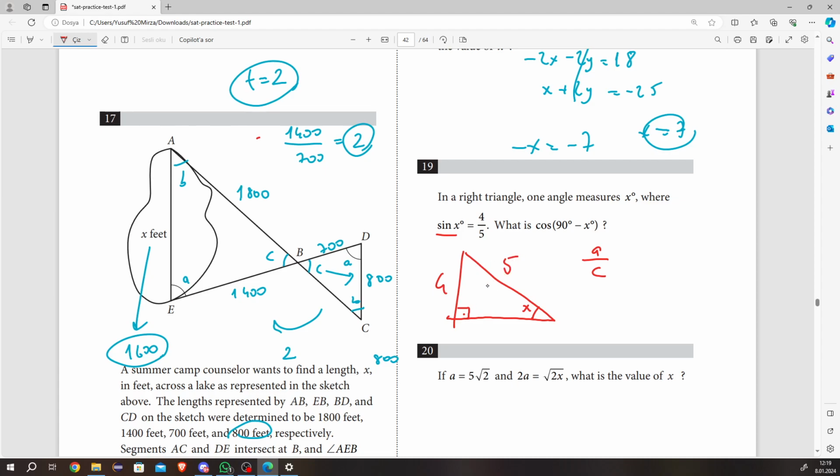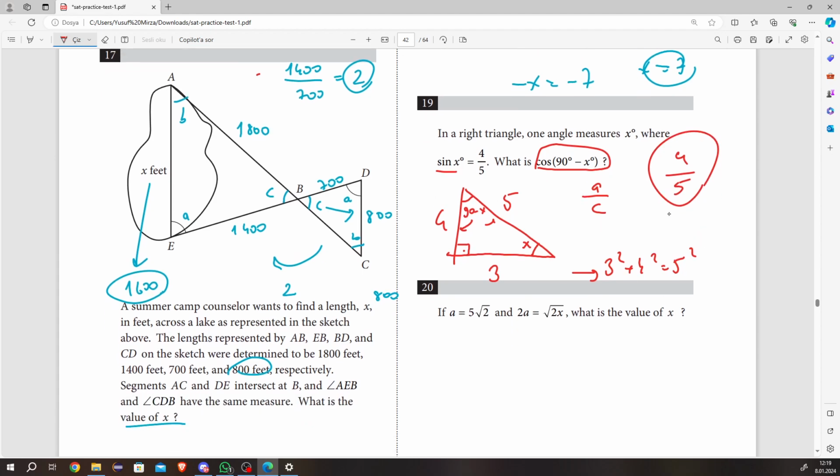With the Pythagoras theorem, we should find the third side, which is the rule if you remember that. So here we can say it's 90 minus x, and if you look at this cosinus, we should take that and that. 4 divided by 5 is our answer.